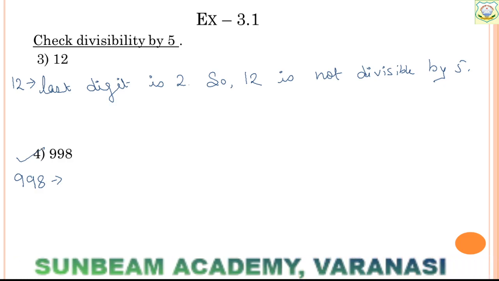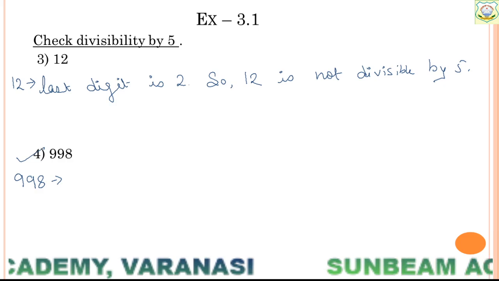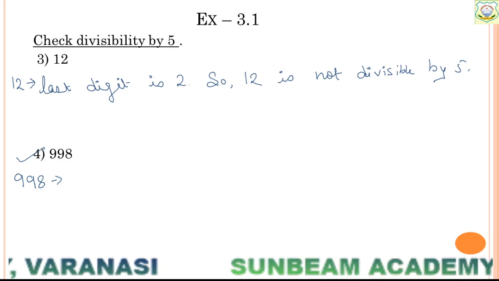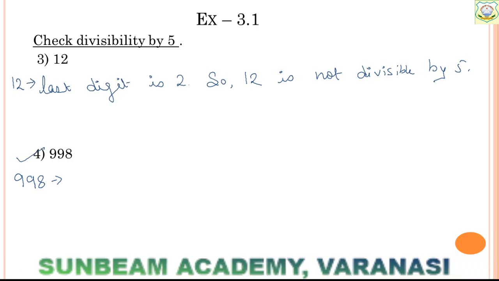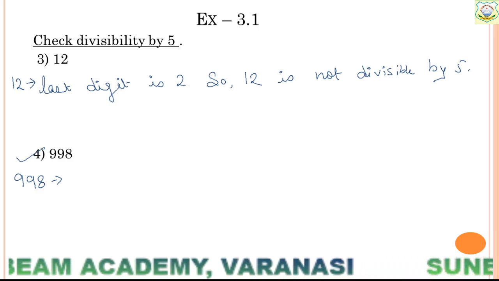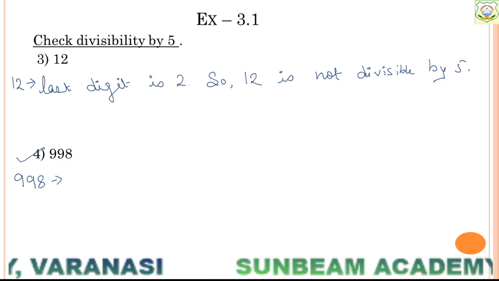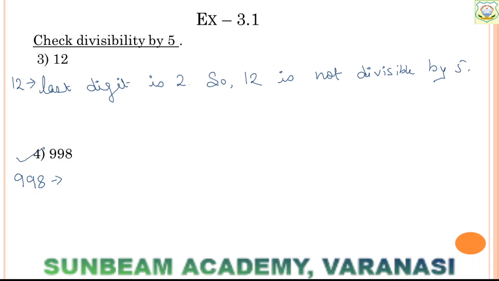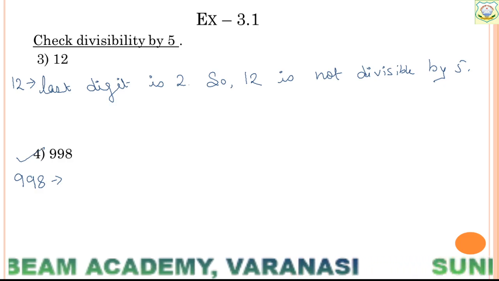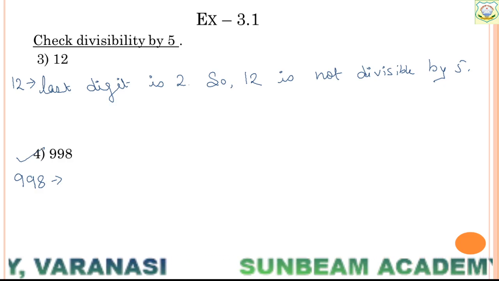Simply you have to write a one-line answer, whether it is divisible or not divisible. But the rule is important, that is, last digit is this, so it is divisible or not divisible. Only this much you have to write. So 998, is it divisible? Yes or no? Right, it's not divisible. So write down fast.